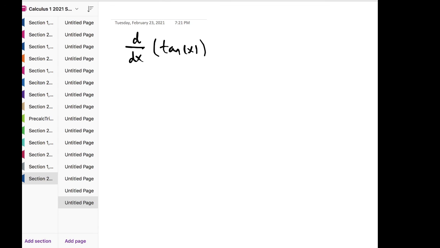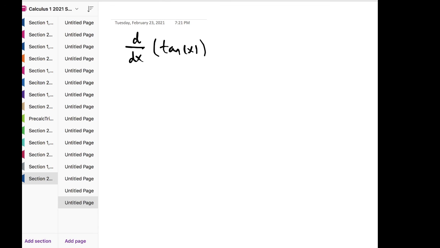What sort of law do you think you would want to create in order to find the derivative of tangent? I don't want to do the whole limit definition of tangent, because tangent's kind of an annoying function, right? But how can I express tangent in functions that I know, and then maybe develop a new type of law in order to deal with these types of functions?